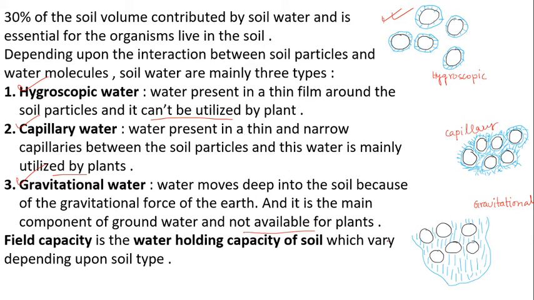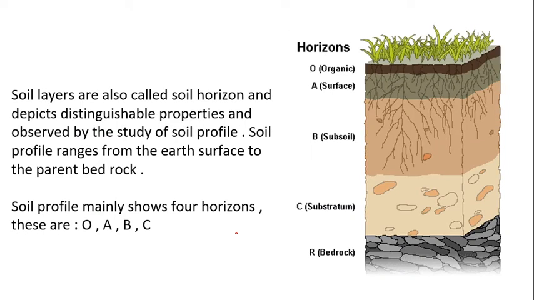Gravitational water is the main component of the groundwater because this water moves deep into the soil due to gravitational force. Next term is the field capacity. It is the water holding capacity of soil. It varies depending upon the soil type.